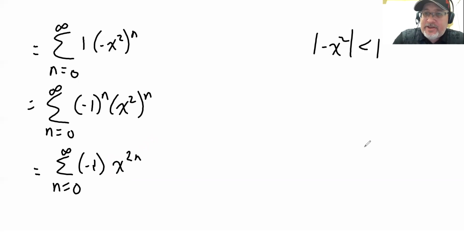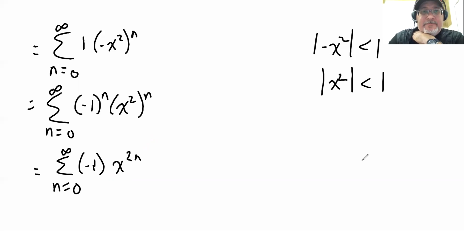But what about the interval of convergence? What about solving the absolute value of negative x squared is less than 1? Well, since absolute value turns negative things positive and x squared is kind of already positive, we could do that. We could lose the negative.